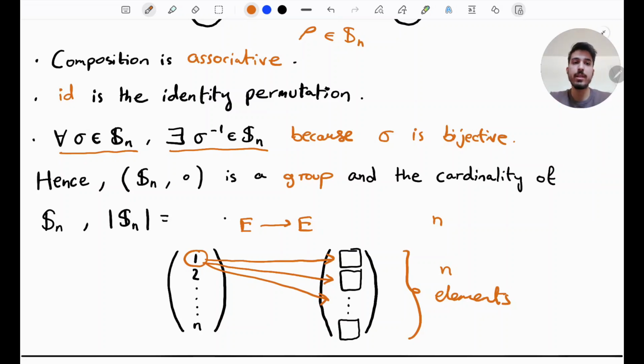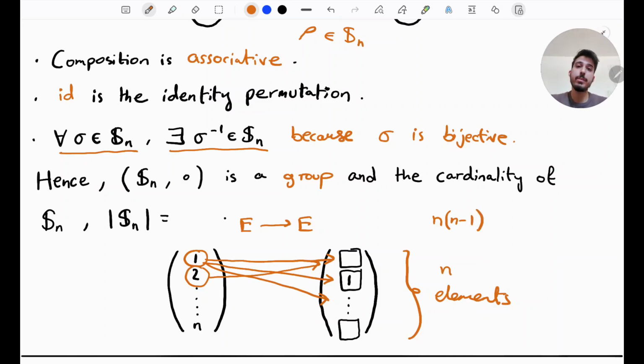For the second element, if we place, let's say, 1 over here, the second element will have this place, but it will not have this place, not a possibility because it's already occupied by the first element. So it will have n minus 1 possibilities. So for each of these n possibilities of placing the first element, we have n minus 1 possibilities for placing the second element. So we have n times n minus 1 possibilities.